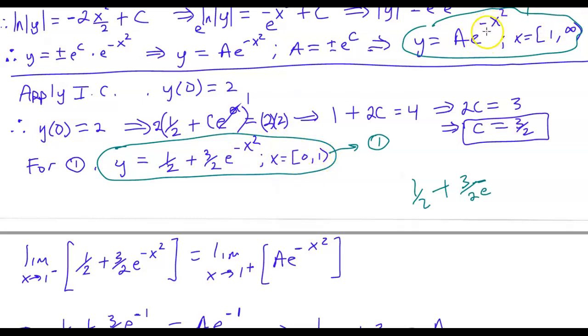If we consider the second piece, we know that this a here, and I'll just go ahead and write it out. This a is going to be e plus 3 divided by 2, and this would be times e raised to the -x squared. We would have to ask ourselves, all right, is there some value of x that will be larger than 1 that will give us a 1/2 here, okay?